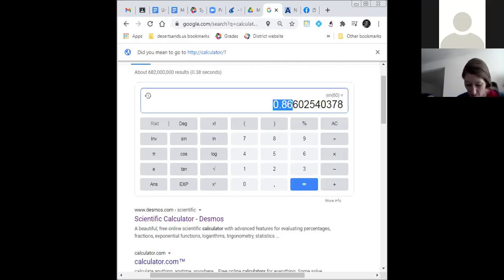Okay, tangent of 25. I'm asking you to calculate the tangent of 25 degrees. Here, let me share.